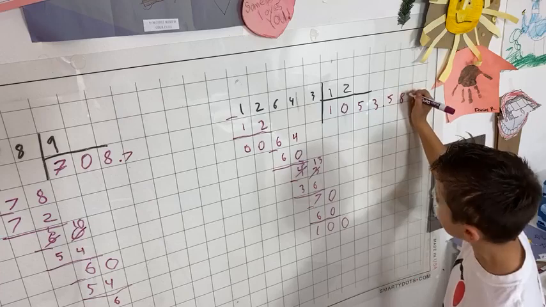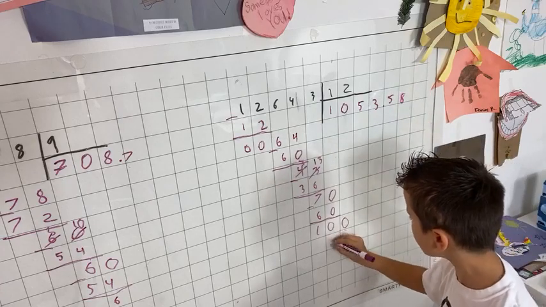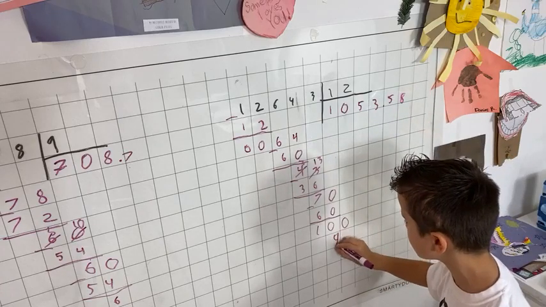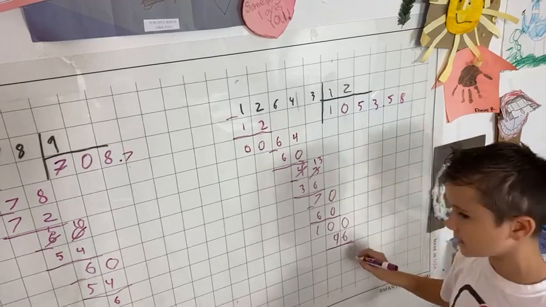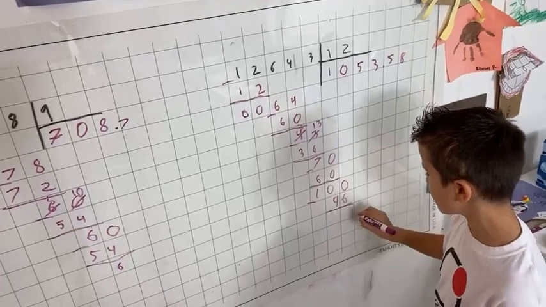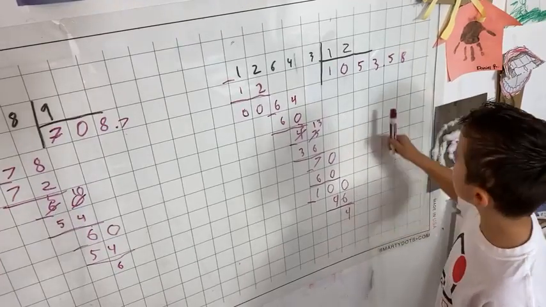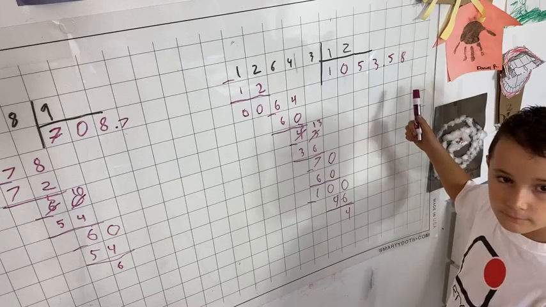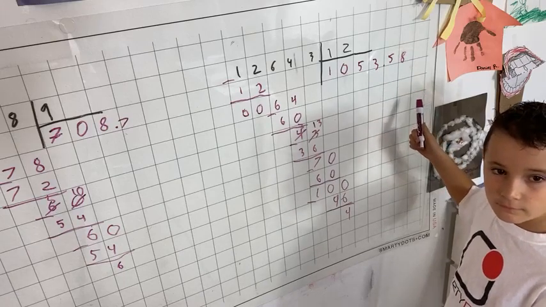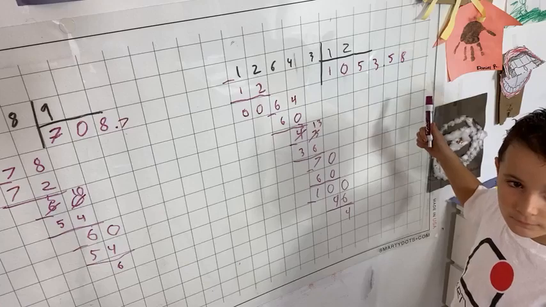I'm going to put the 8, the 96, and the 96. Then 100 minus 96 is 4. So now we got it to here. You're already up to 100th. So how about you round it up to the 10th?